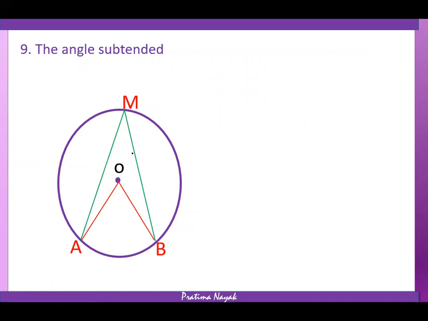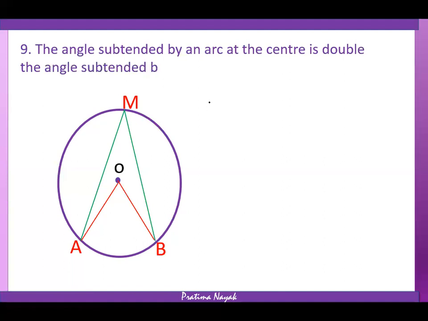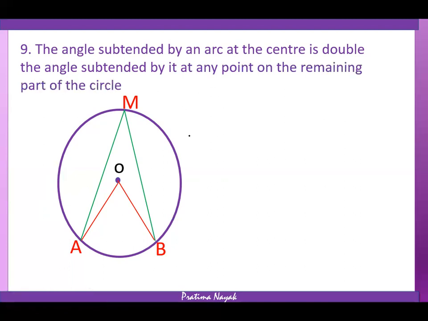Next, I am coming to the most important fact about the circle. The angle subtended by an arc at the center is double the angle subtended by it at any point on the remaining part of the circle. Here, your arc is AB. At the center it is making an angle, and at any point on the remaining part, it may be here, it may be here, wherever it be.